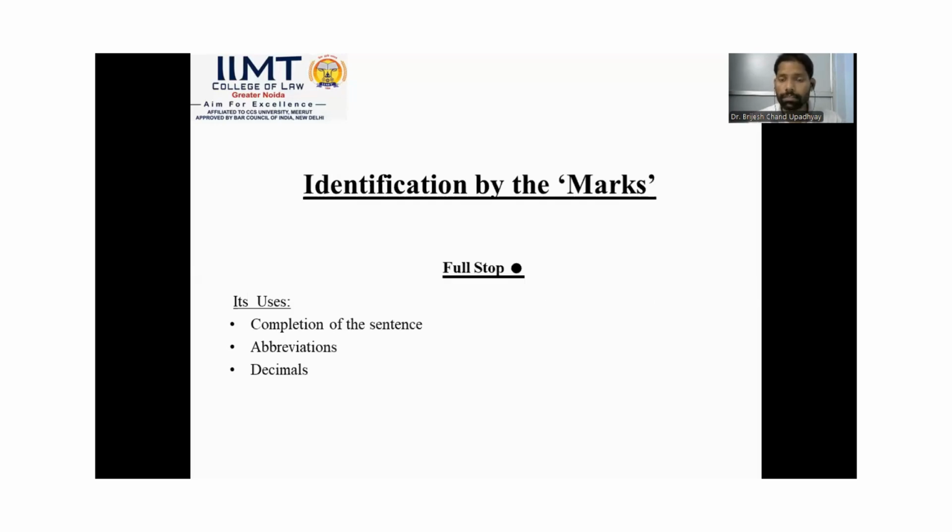Some marks I have discussed here in detail, with their uses. For the full stop, you know very well, it's a point which is used. Its uses are here. Until your sentence is complete, you do not use the full stop.